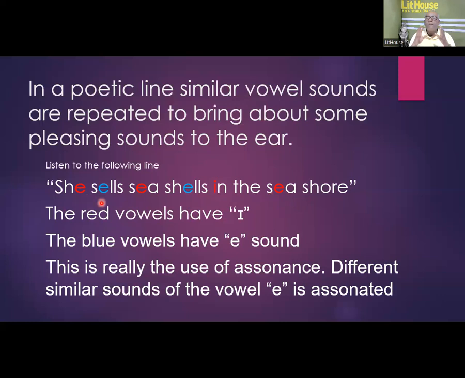Now you can see there are similar vowel sounds in this line. For example, these red vowels: she, see, in, see. These red E's have the same sound, and these blue E's have the same sound. Therefore, we see there is assonance in this poetic line.